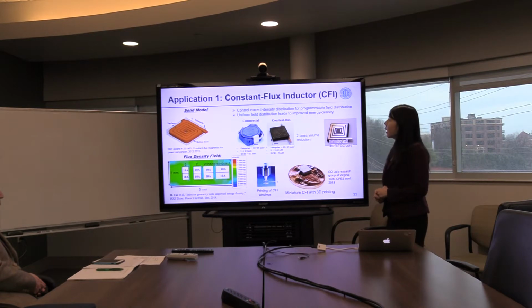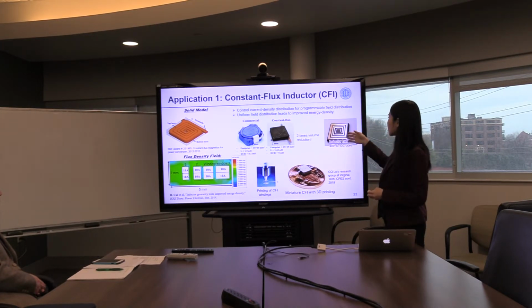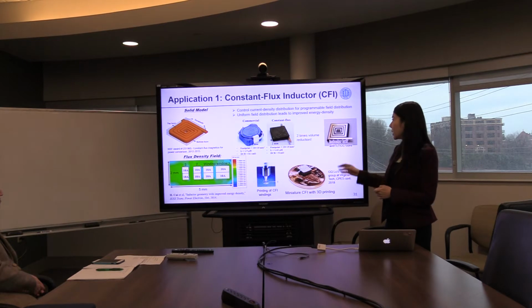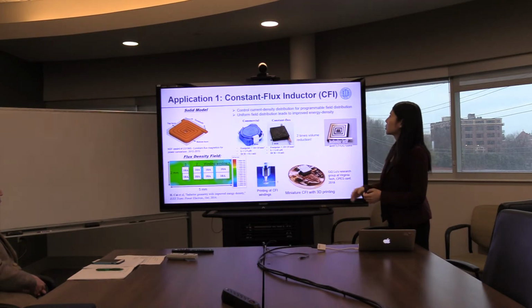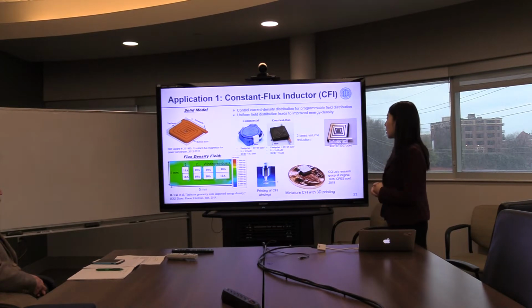First of all, an application is that we can come up with a constant flux inductor, which means we can manipulate the distribution of current density inside the magnetic material to achieve a programmable field distribution.